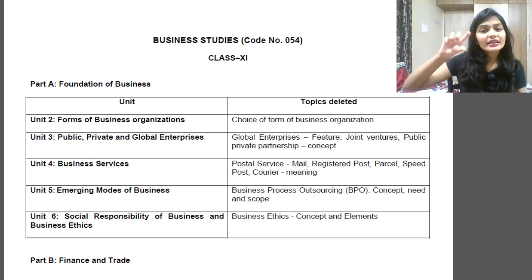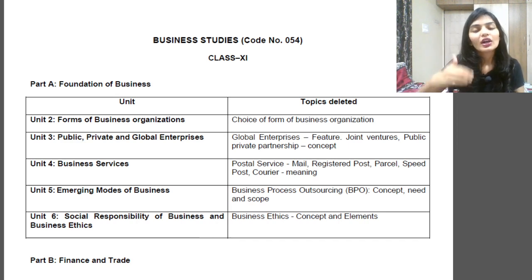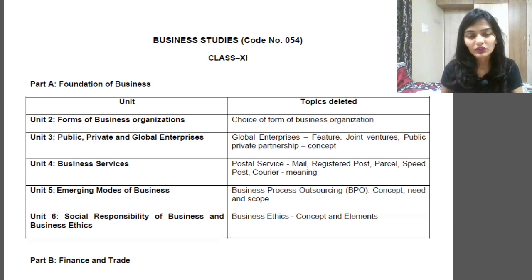In that, the end segment, if you remember, was about choice of forms of business organizations. Those points are all going out. Otherwise, no change in chapter 2. Now in chapter 3, global enterprises, the features segment is gone. The joint ventures and public private partnership, PPP, concept is also gone from chapter 3.